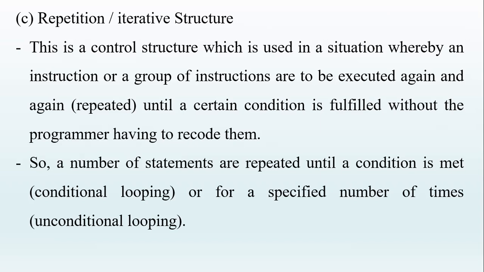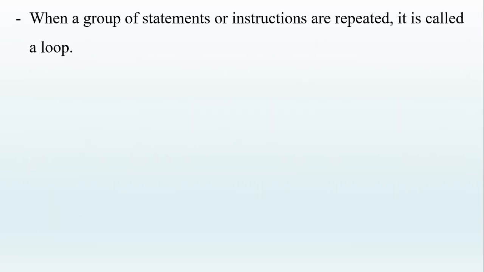So a number of statements are repeated until a condition is met, which we call conditional looping, or for a specified number of times, which we call unconditional looping. When a group of statements or instructions are repeated, it is called a loop.